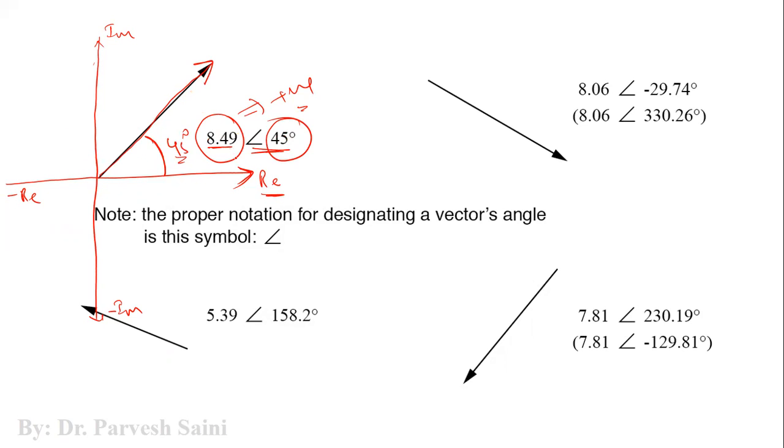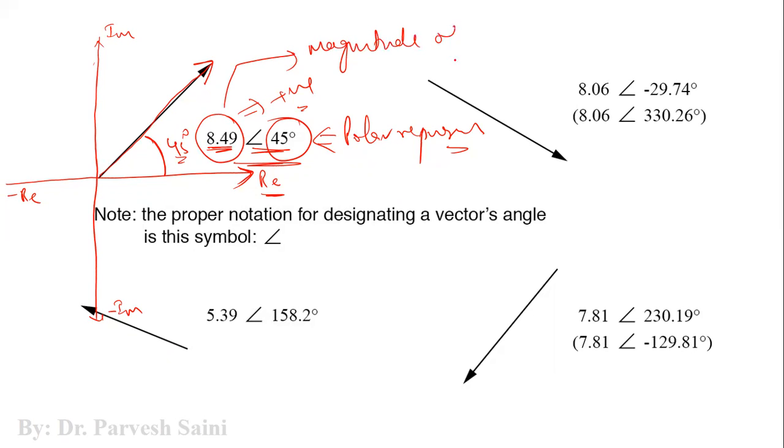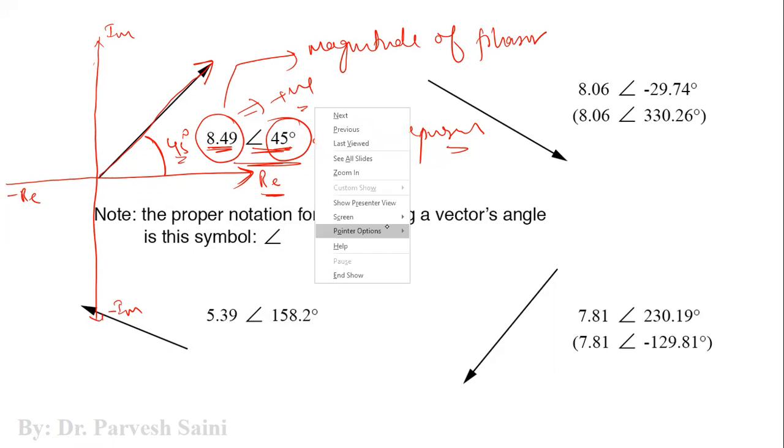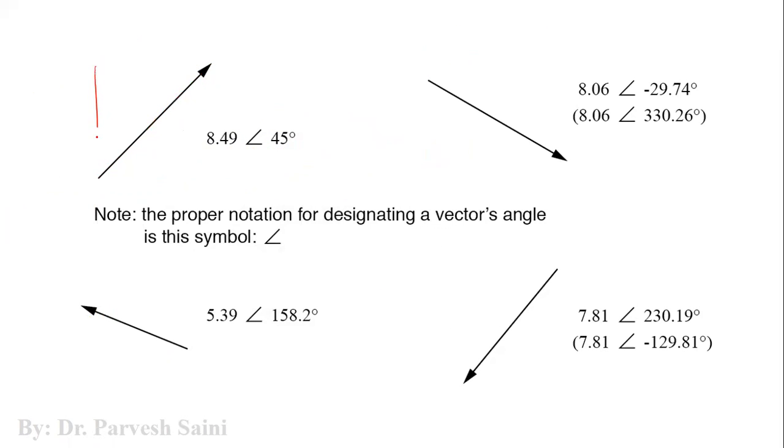So this is the polar representation. This 8.49 is basically the length of this particular phasor, or the magnitude of the phasor, and this 45 degrees is its angular displacement. I'll just draw it once again.